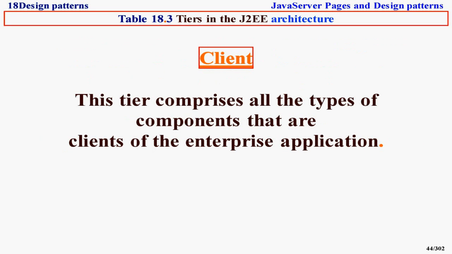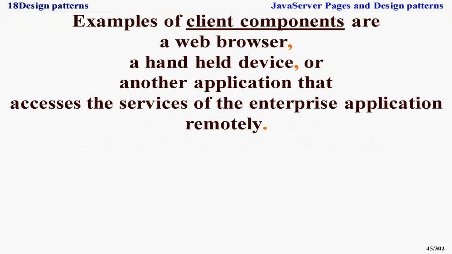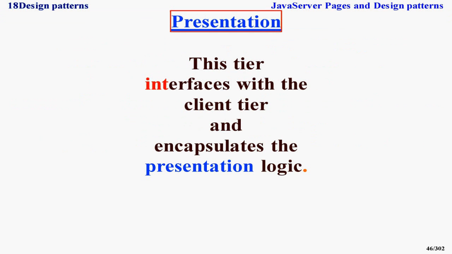Client. This tier comprises all the types of components that are clients of the enterprise application. Examples of client components are a web browser, a handheld device, or another application that accesses the services of the enterprise application remotely. Presentation. This tier interfaces with the client tier and encapsulates the presentation logic.